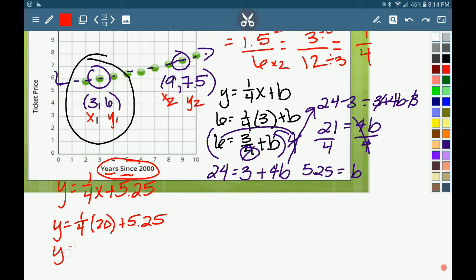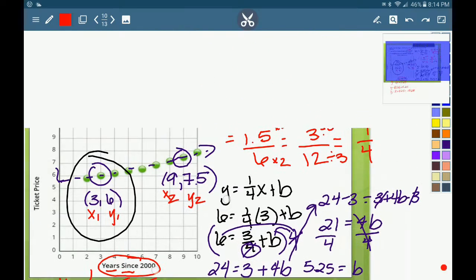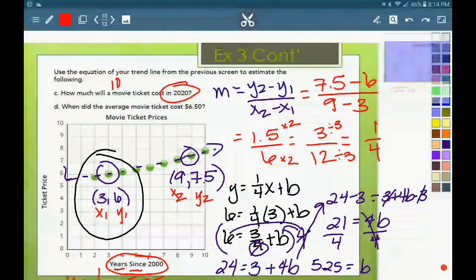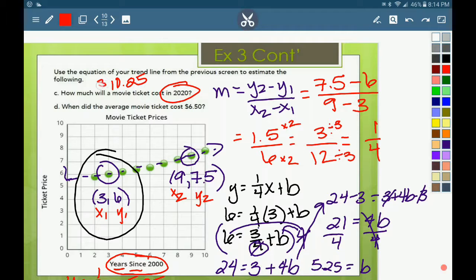So now 1/4 of 20 is 5, and 5 plus 5.25 is equal to 10.25. So my estimation for how much a movie ticket will cost in 2020 is $10.25. $10.25 would be my approximation.